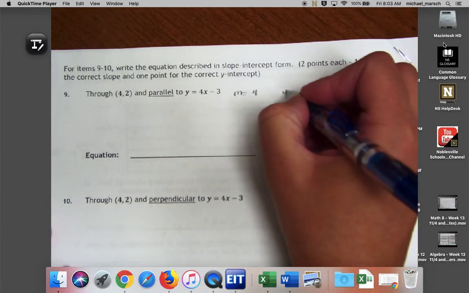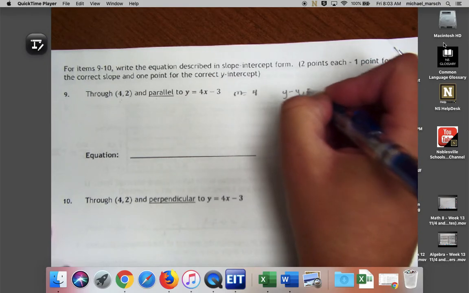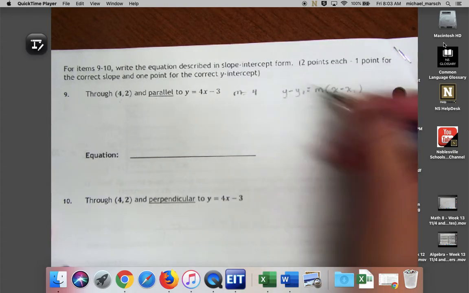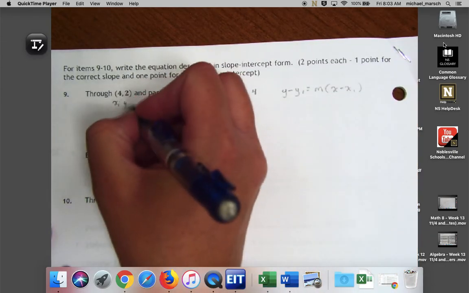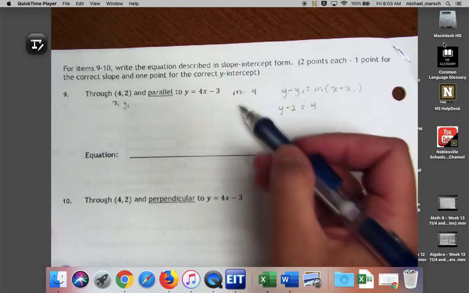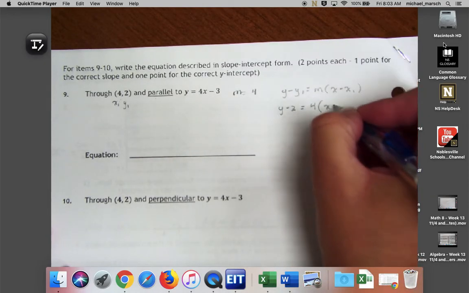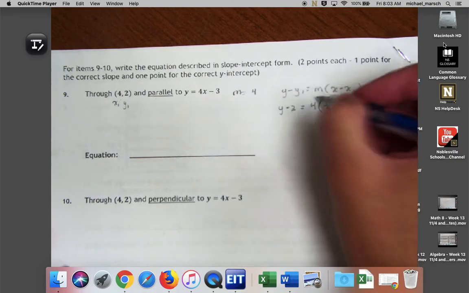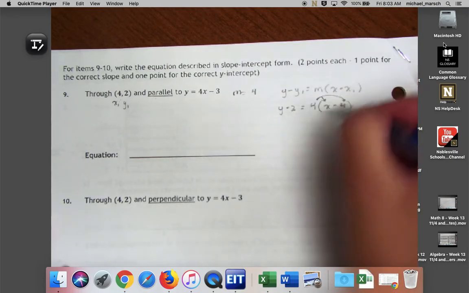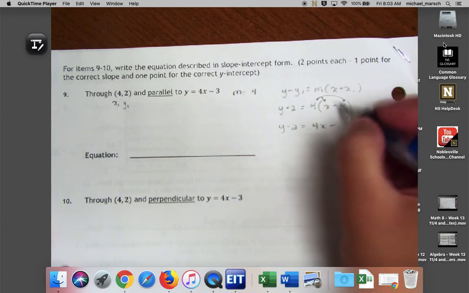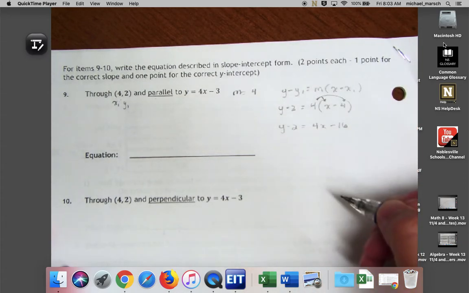So I'm going to write out what it is: y minus y1 equals m times the quantity x minus x1. So I've got my x1, y1. So y minus 2 equals 4, because that's my slope, times x minus 4. And then to take this from point-slope form to slope-intercept form, I have to distribute the 4. y minus 2 equals 4x minus 16.